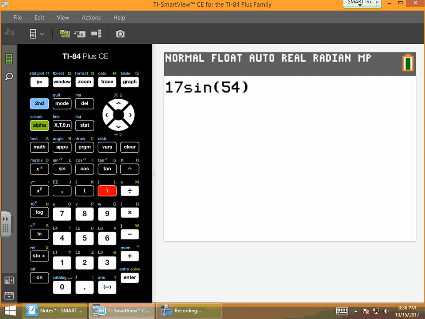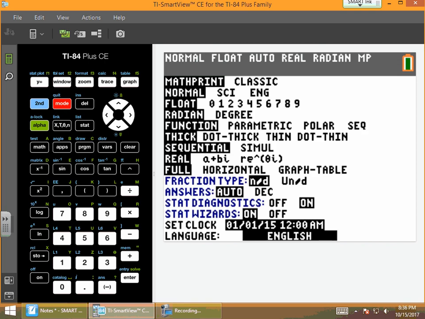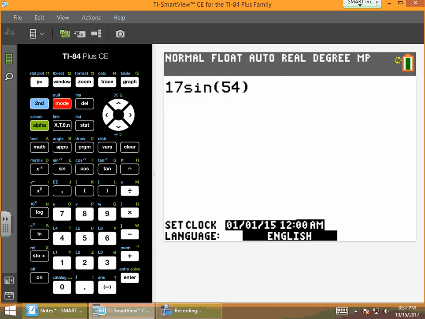And I do that by hitting in that top row the word mode. And as I look down, I just need to make sure that I am in degree mode. And actually, my calculator is not. If you look down here, it is right now highlighted in radian mode. So I'm going to go over here to degree mode. All right, that's better. Now I'm in degree mode, so I'll quit that.